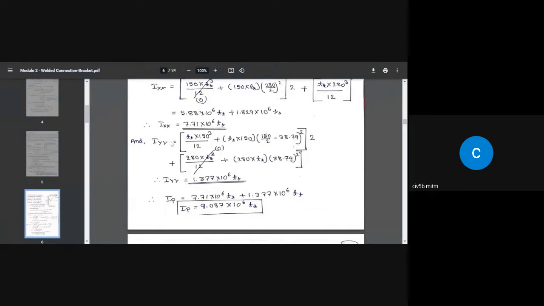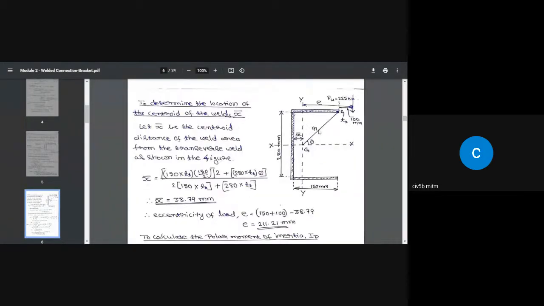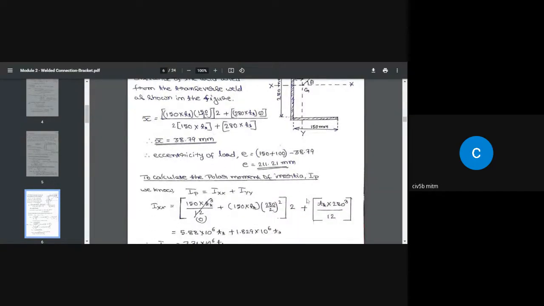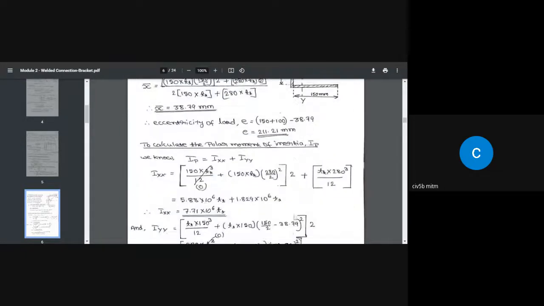Similarly, the Iyy value, that is the moment of inertia of this about this axis, plus this about this axis, plus the moment of inertia of this about this axis. Again, for this we need to apply the parallel axis theorem.